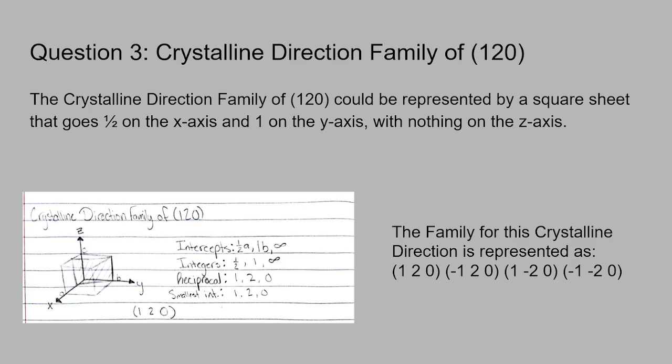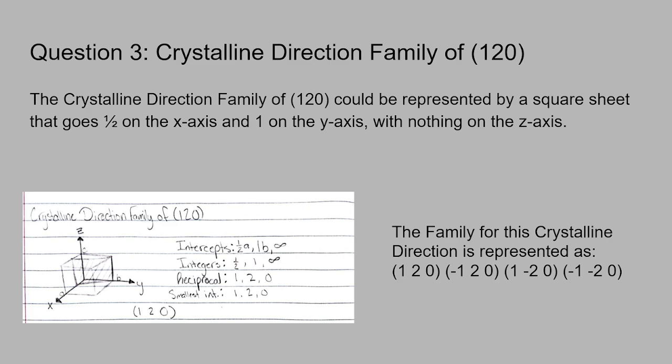Question 3 for our assignment was to show the crystalline direction family of 120 and the crystalline plane family of 111. Here we have the crystalline direction family of 120, which could be represented as a square sheet that goes 1/2 on the x-axis and 1 on the y-axis with nothing on the z-axis. When plotting it, you can have intercepts at 1/2 a, 1 b, and infinity.